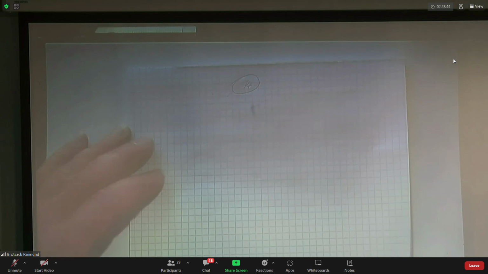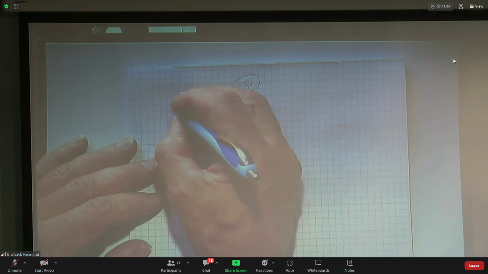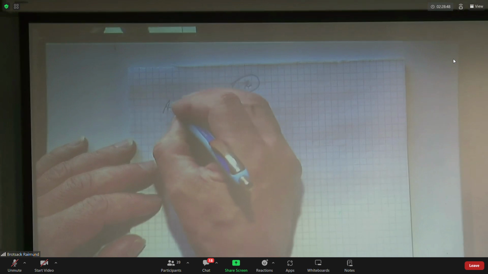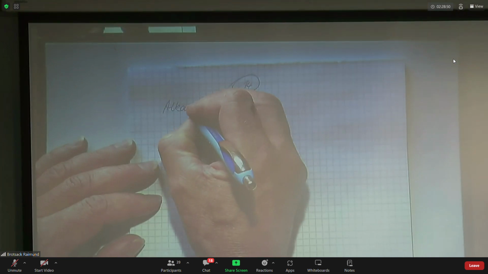Okay, now, we started to talk about alkenes and alkanes, which are different. So let's start with the alkanes, to do that more systematically.